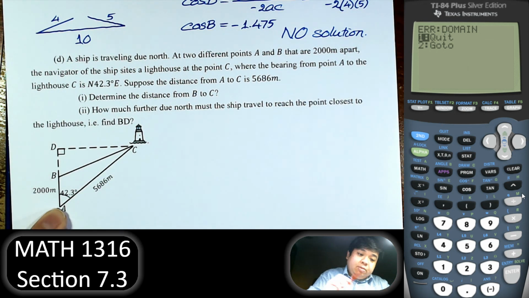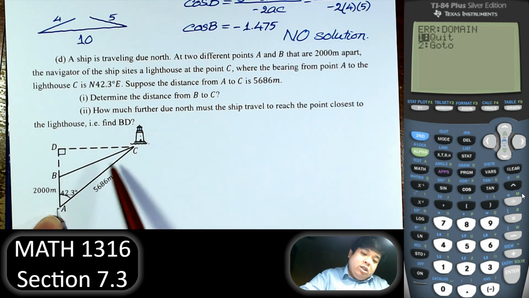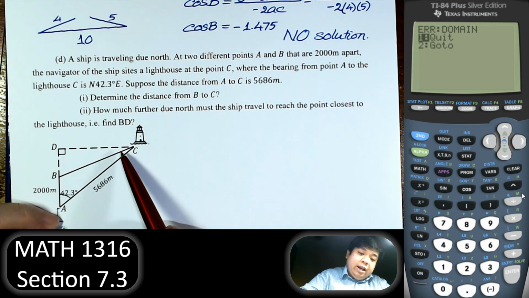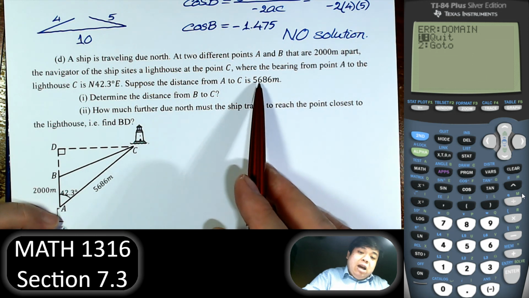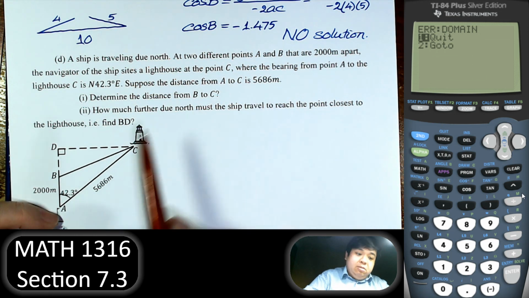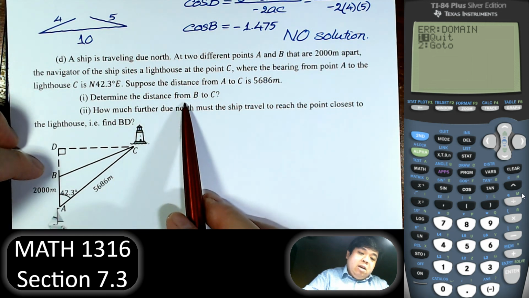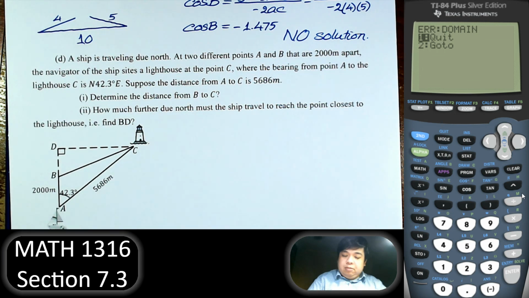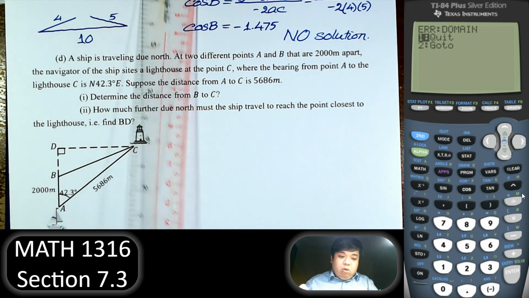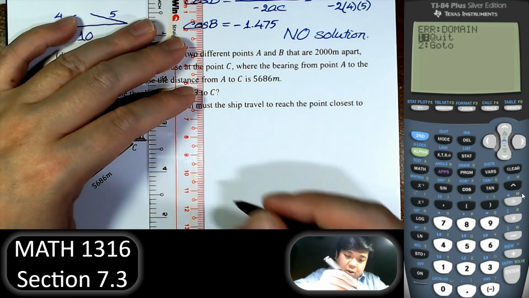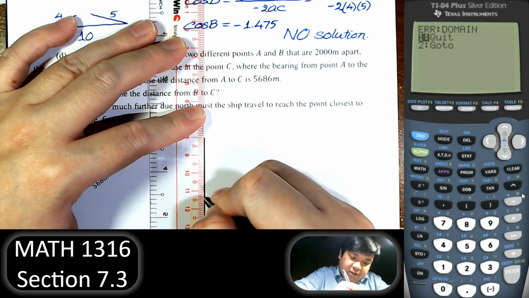Suppose the distance from A to C from the boat is 5,686 meters. Determine the distance BC. So now let's just write the summary here. What do we have and what don't we have?